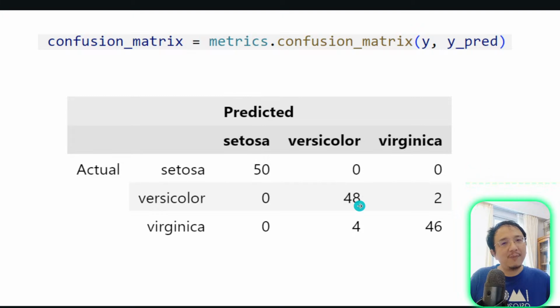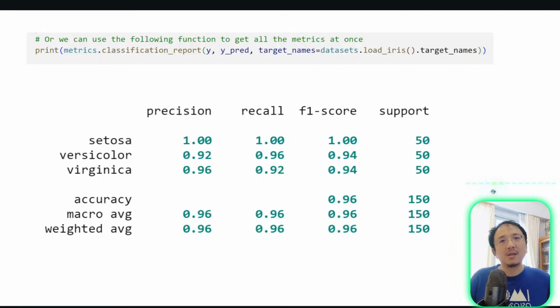Only 48 of them are identified correctly. And in the Virginica case, 46 out of the 50 images are identified correctly to be Virginica. So that is the recall, 46 over 50, which is 92%. So this is precision and recall.